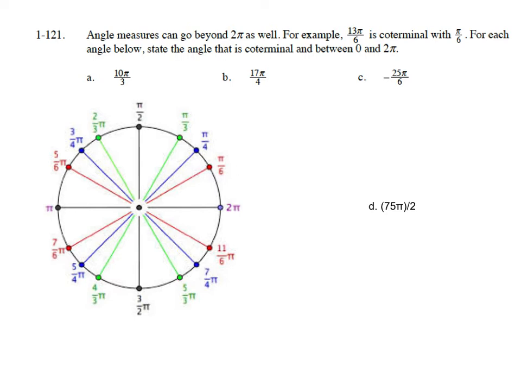Well, if I count out 10 pi over 3, and you don't have to do this because I'm going to erase it, that would be 1, 2, 3, 4, 5, 6, 7, 8, 9, 10 pi over 3, which takes me to 4 pi over 3. So 10 pi over 3 is coterminal with 4 pi over 3.